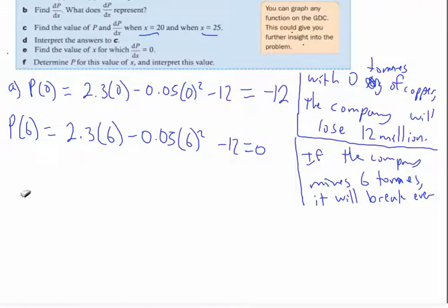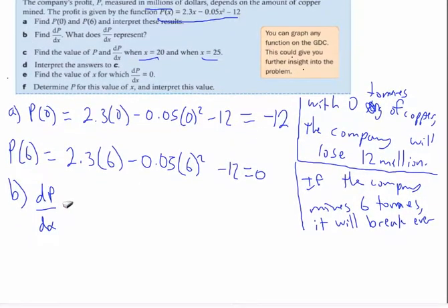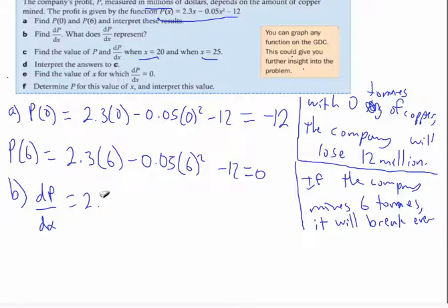Okay, next, part B. I'm going to find dP by dx and interpret what it means. So dP by dx, I need to see the original function here, is 2.3 minus 0.1x.